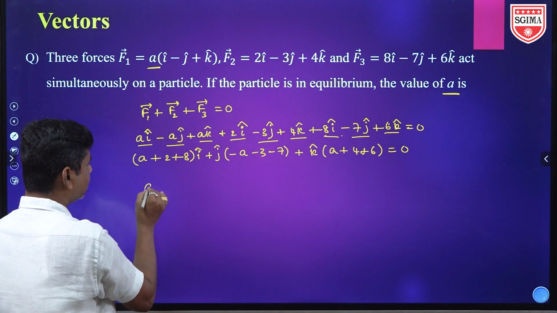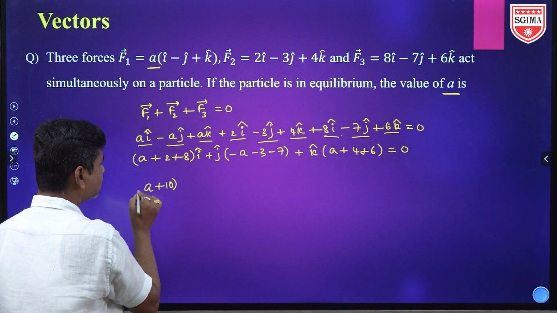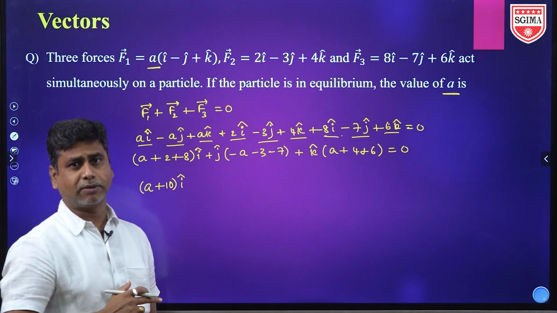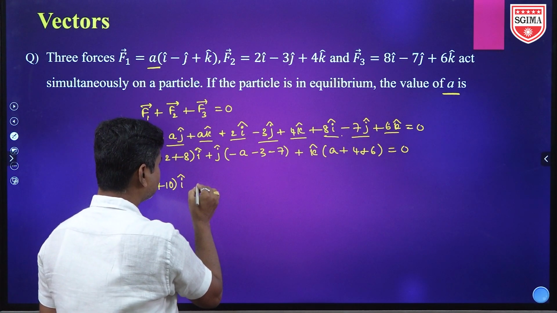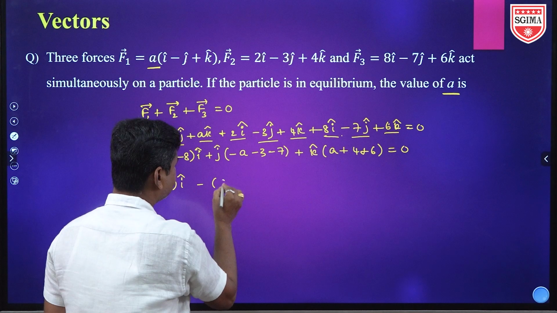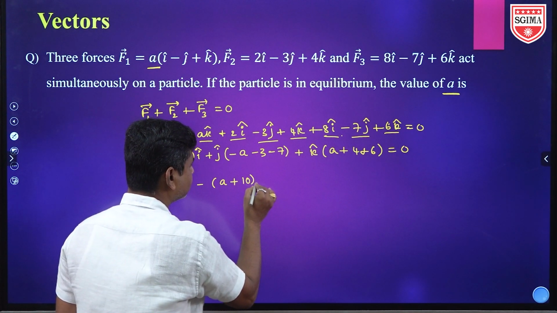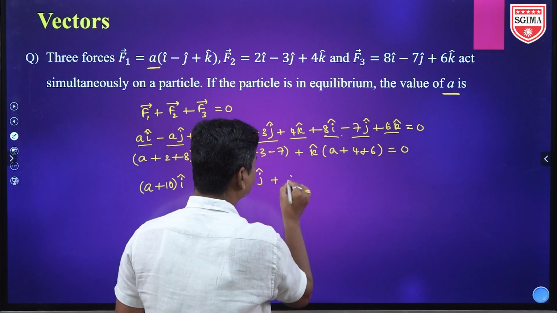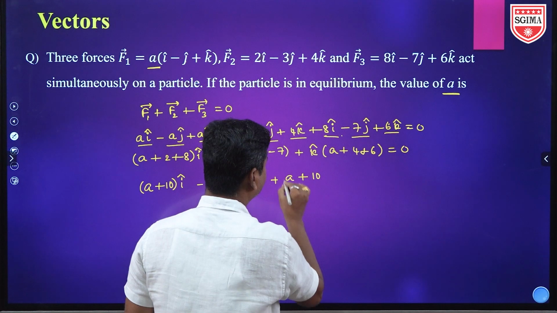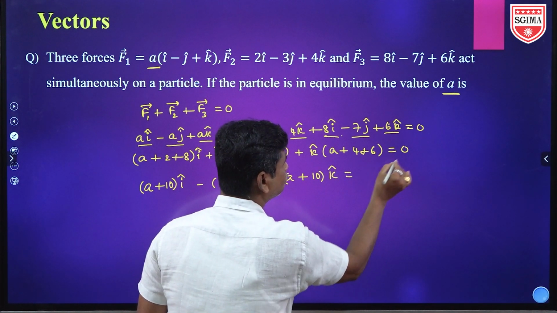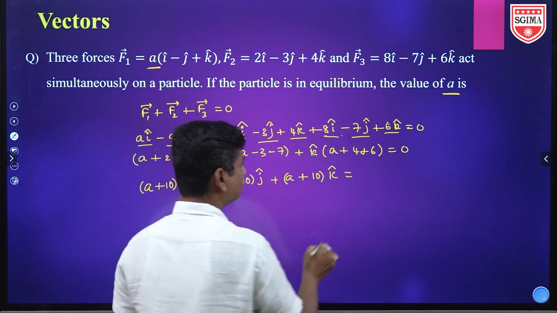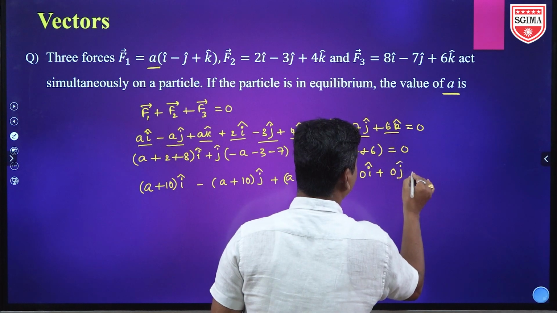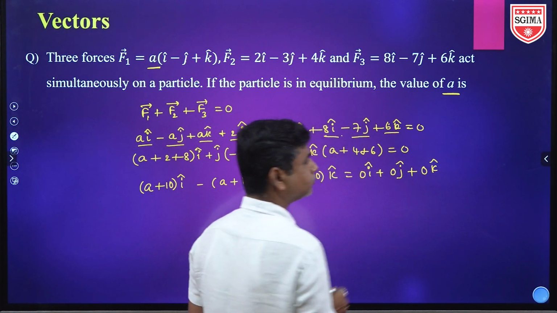So we write a plus 10 i cap, then minus a plus 10 j cap, then plus a plus 10 k cap, that is equal to 0. This 0 you can write as 0 i cap plus 0 j cap plus 0 k cap.